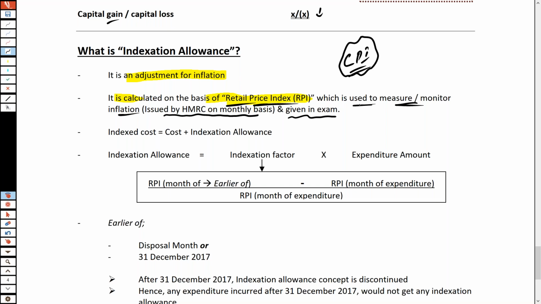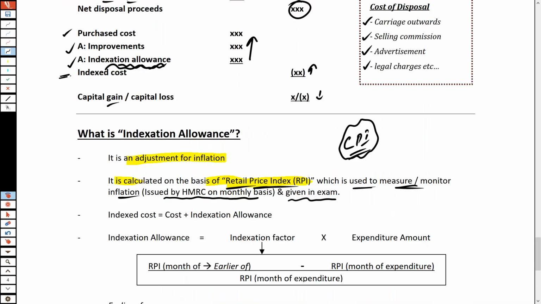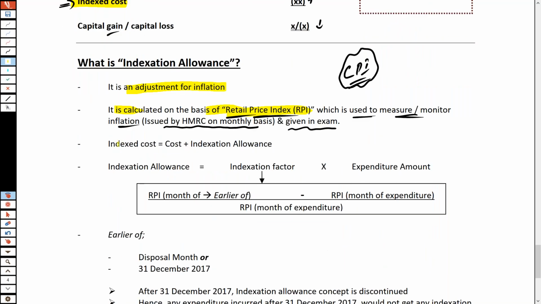Now, how do we calculate this indexed cost? When we add indexation allowance to the other costs, we get the indexed cost. So indexed cost is calculated as cost plus indexation allowance. For the calculation of indexation allowance, first of all, we require the indexation factor multiplied by the expenditure amount.